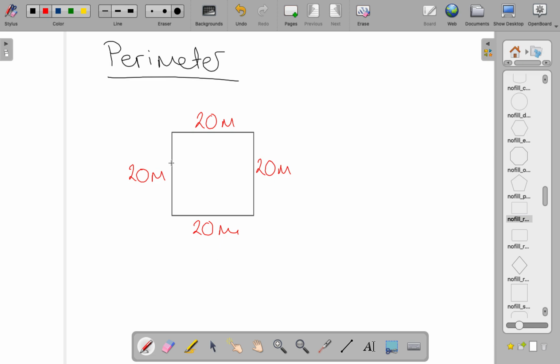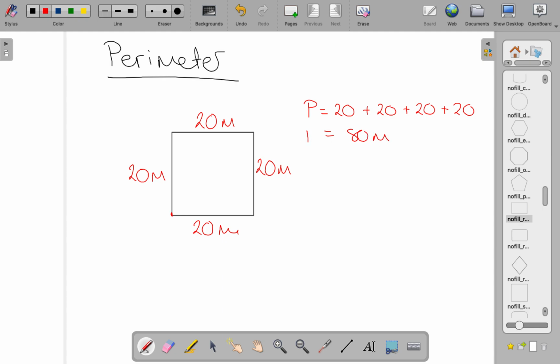If we were to walk all the way around, we'd start here. We'd walk 20 meters, another 20 meters, another 20 meters, and another 20 meters. In total, we would have walked 20 plus 20 plus 20 plus 20 meters. So perimeter, P, is equal to 20 plus 20 plus 20 plus 20, which is equal to 80 meters.